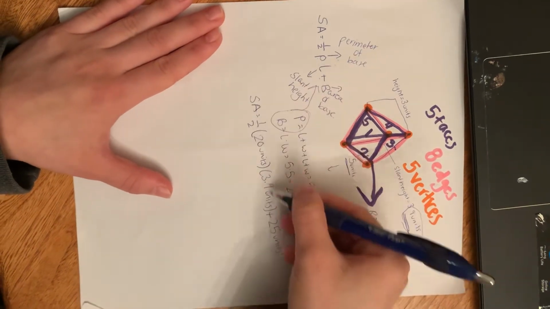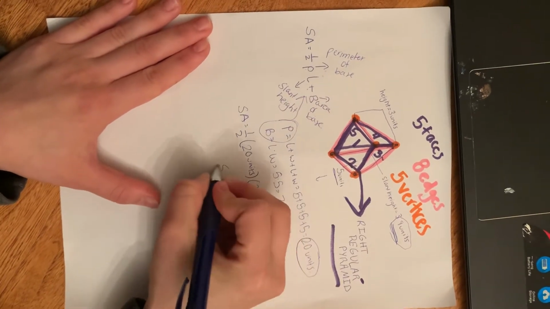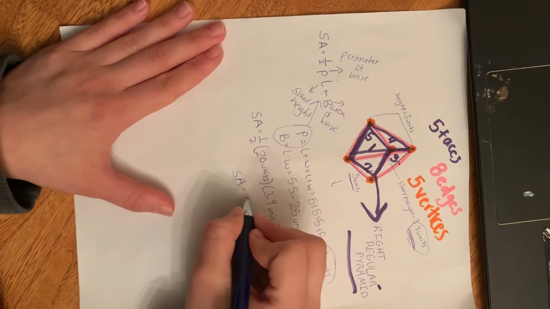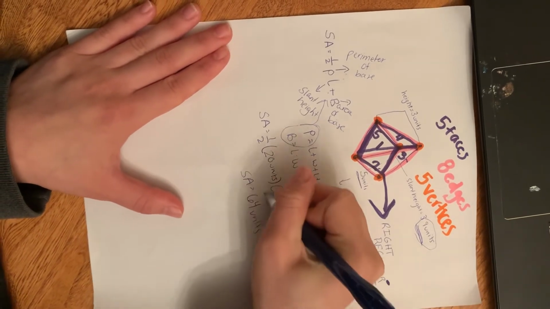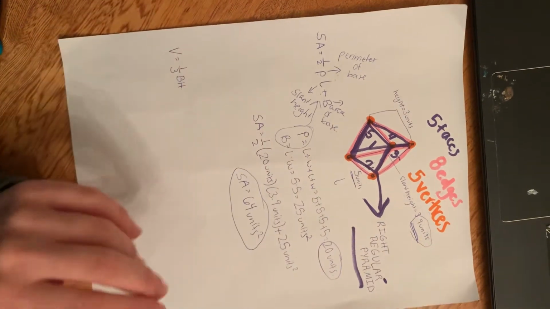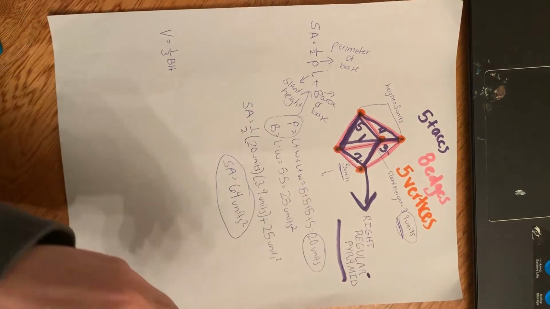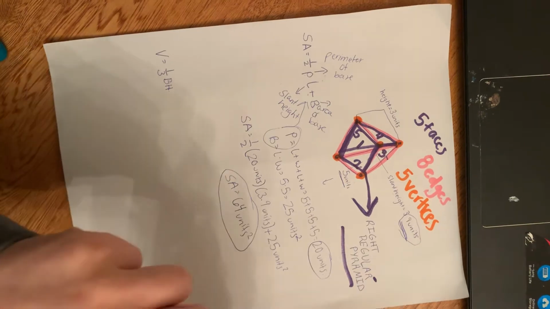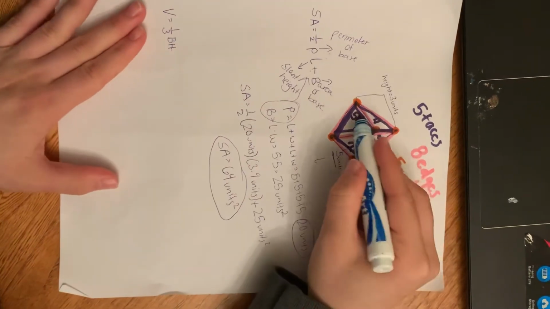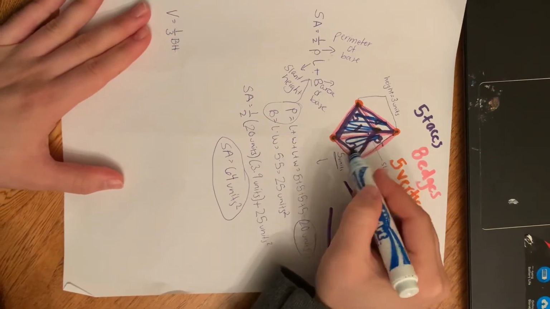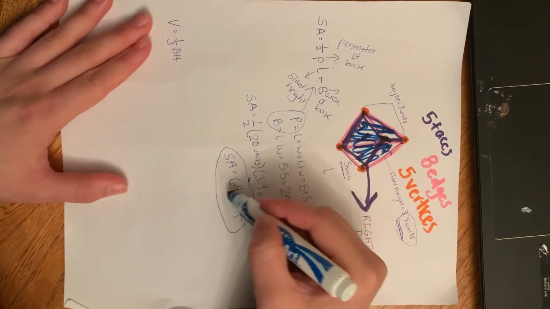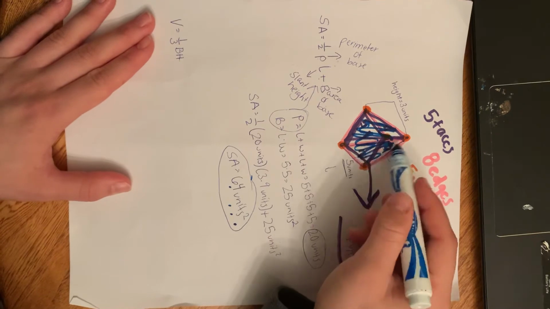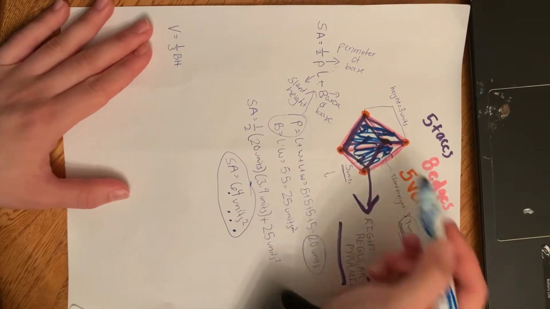So if we plug this into our calculator, we would find that the surface area equals 64 units squared. So this means that 64 units covers our polyhedron. So it takes 64 units to cover the area on the outside of our polyhedron.